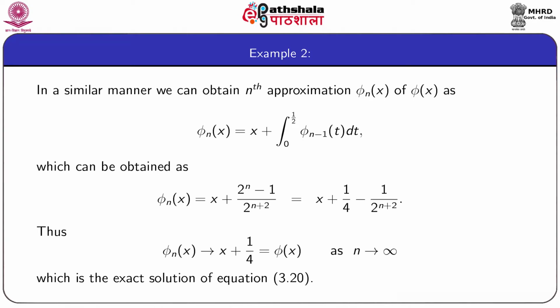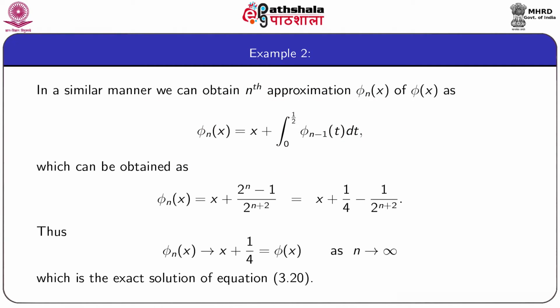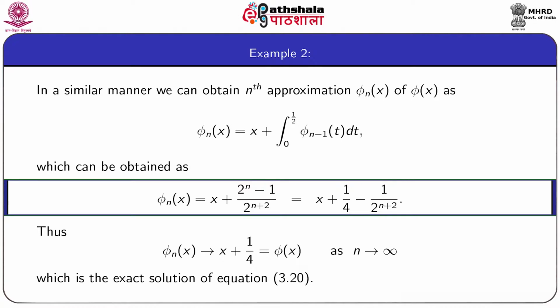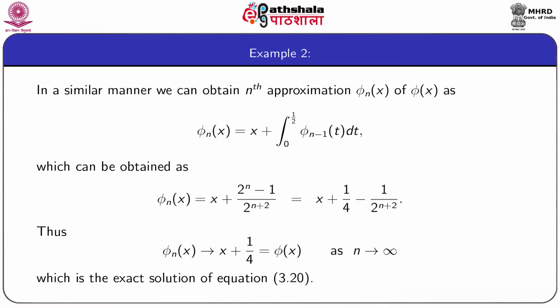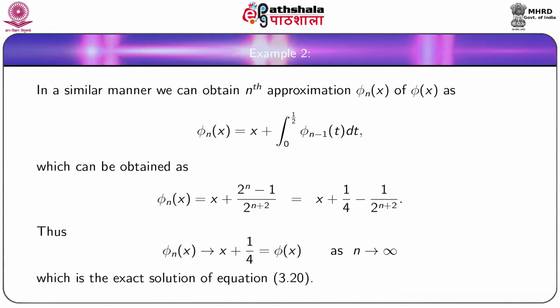If I continue this, then the nth approximation phi n x of phi x is obtained as phi n x equal to x plus integral 0 to half phi n minus 1 t dt, which after simplification gives phi n x equal to x plus 2 to the power n minus 1 divided by 2 to the power n plus 2, which is x plus 1/4 minus 1 by 2 to the power n plus 2.